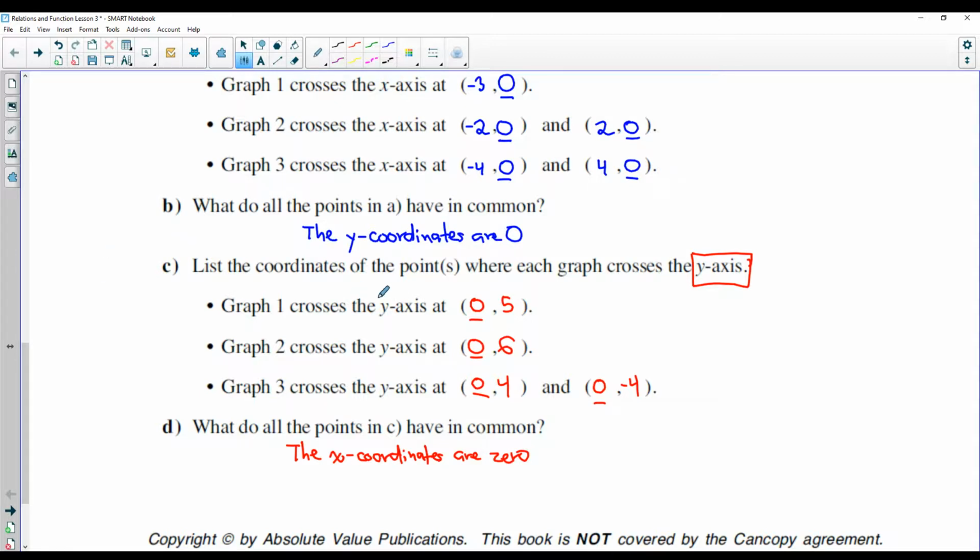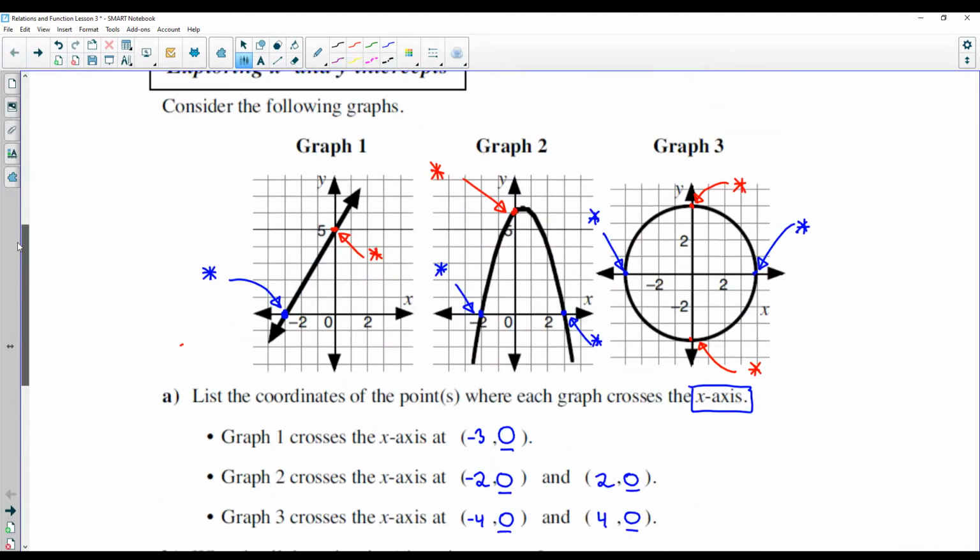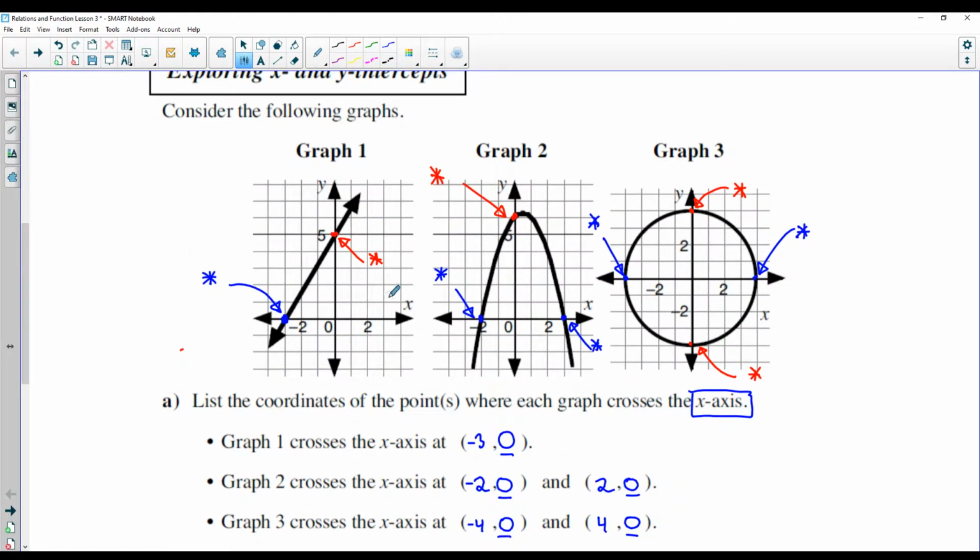All of these spots where the graph crosses the y-axis and you have an x-coordinate that's 0, those are referred to as the y-intercepts. So what a y-intercept on a graph is, it's just the spot where the graph intersects with the y-axis.